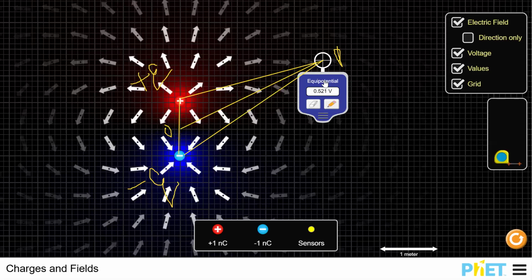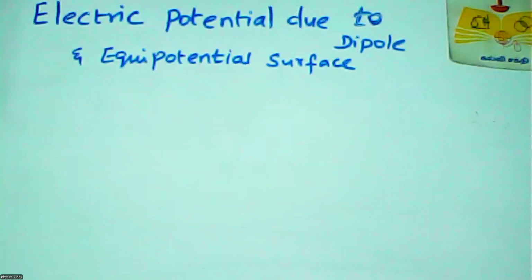What is the formula for the total potential at P? P cos theta by 4 pi epsilon naught R square. Yes, correct. So this is the electric potential due to a dipole. Clear? Okay, good.